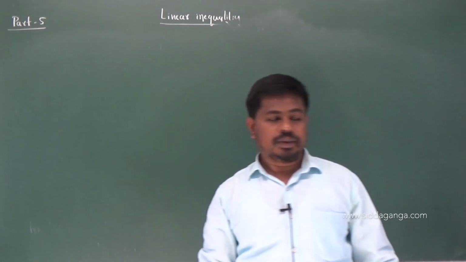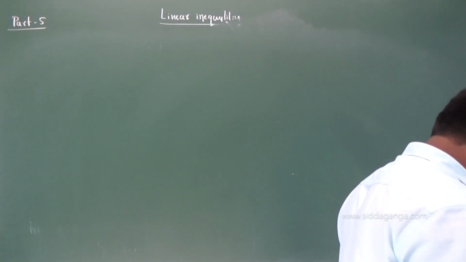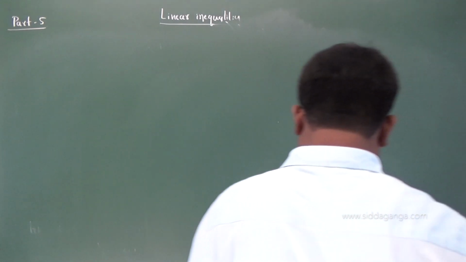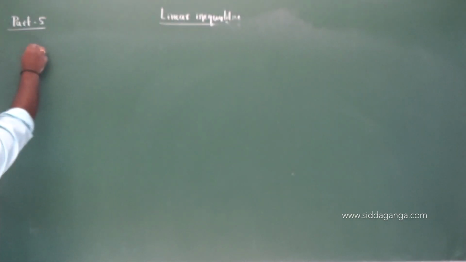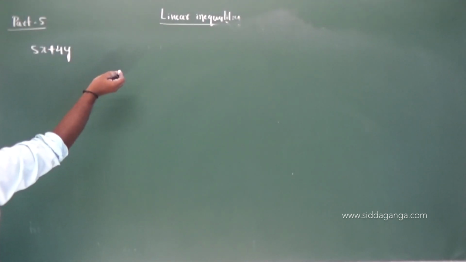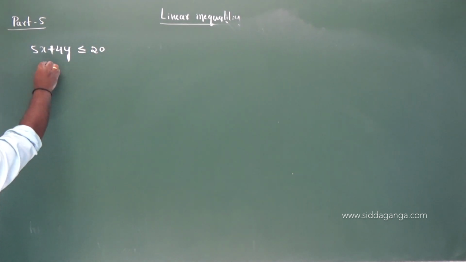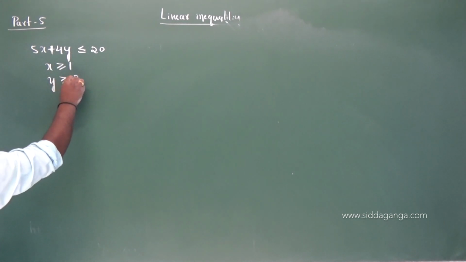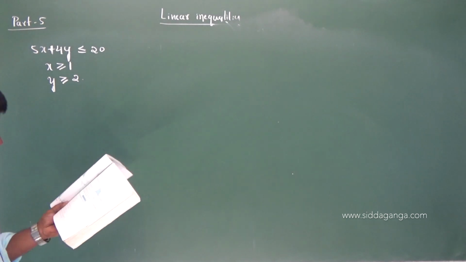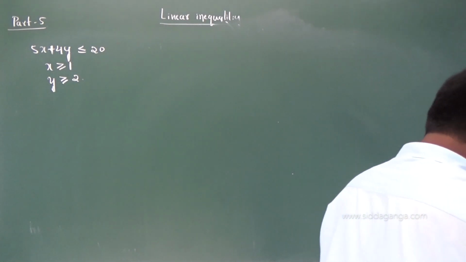Okay, students, now let us move on to one more, that is question number 9. Solve 5x plus 4y less than or equal to 20, x is greater than or equal to 1, and y is greater than or equal to 2.